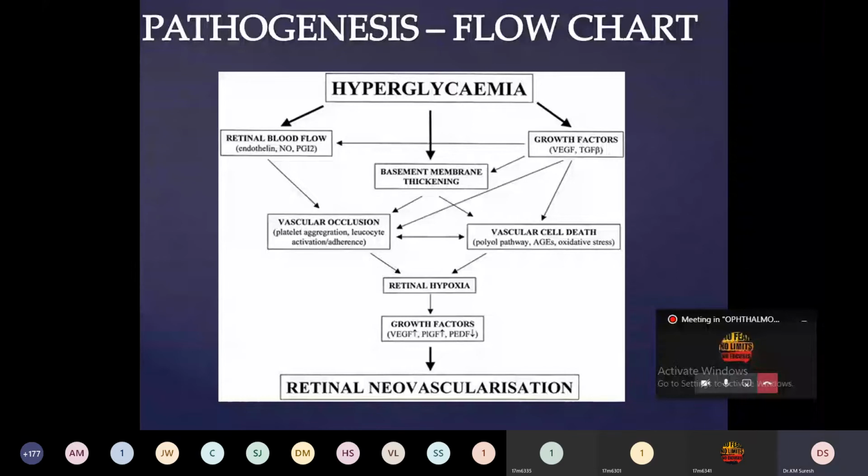Hyperglycemia gives rise to altered retinal blood flow, then growth factors, and finally it ends up in neovascularization. As the vessels are very fragile, it causes hemorrhage.